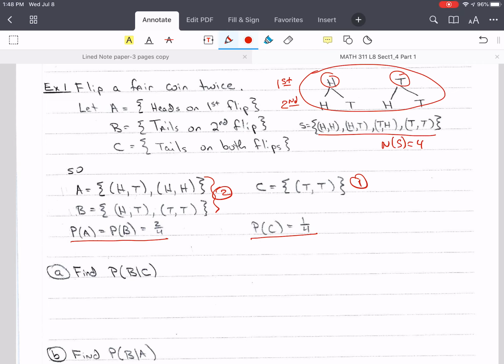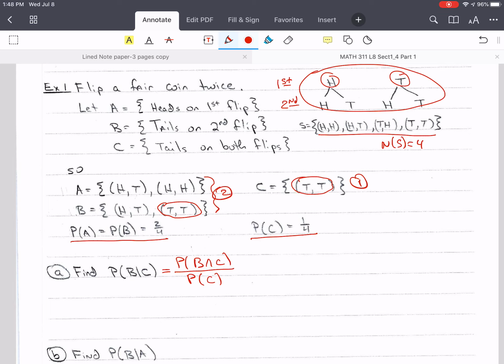We want to find the probability of B given C. So we're going to look at the probability of B and C divided by the probability of C. So we look at B and C, and they have in common this.